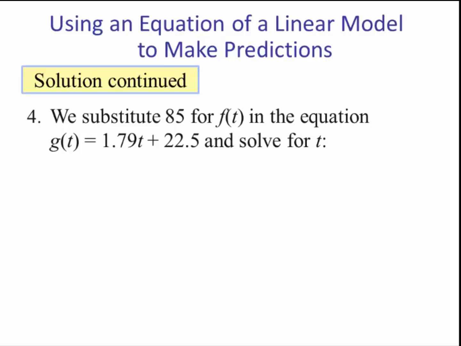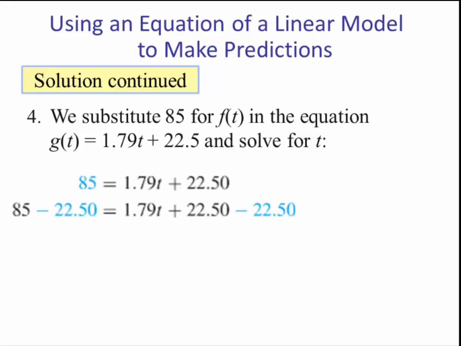Number 4, we substitute 85 for f of t in the equation f of t equals 1.79 t plus 22.5, and we solve for t. So we have 85 equals 1.79 t plus 22.5. Now we subtract 22.5, and we get 62.5 equals 1.79 times t.